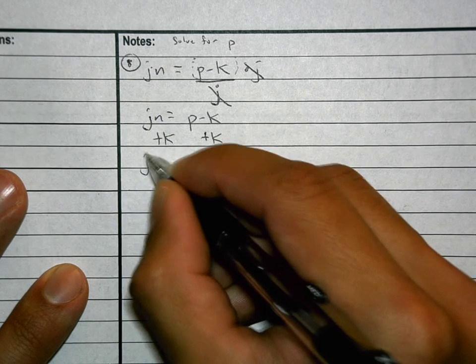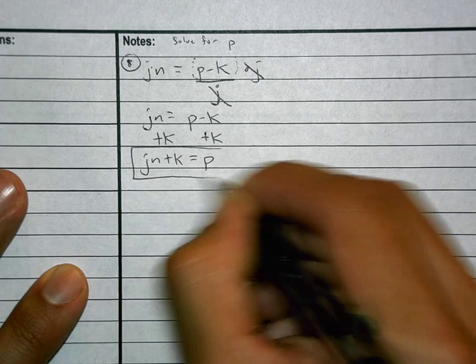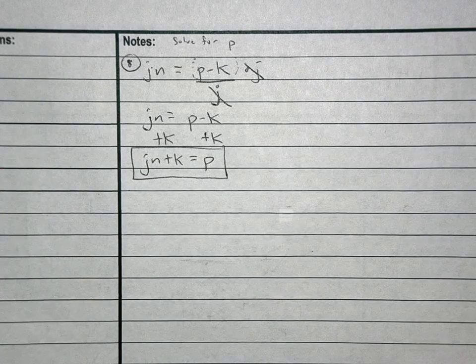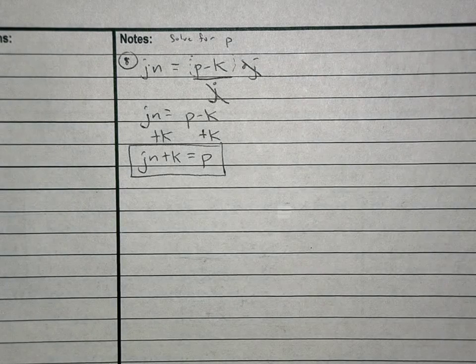Jn plus K equals P. A few of you understand. That's good. Okay? So, at this point, I've given you 3 examples of how hard it gets. You should hopefully be able to finish all of 1.4 at this point.